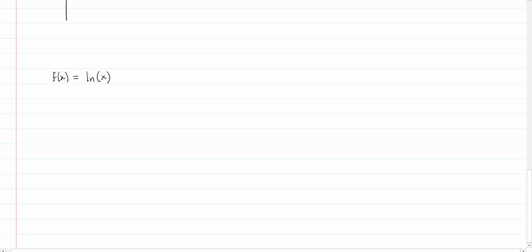Next, let's maybe take a look at the natural log function. Okay. So the graph of the natural log function looks something like this.